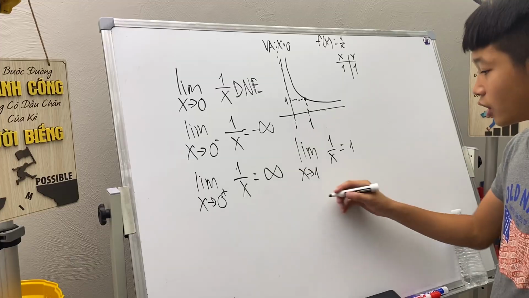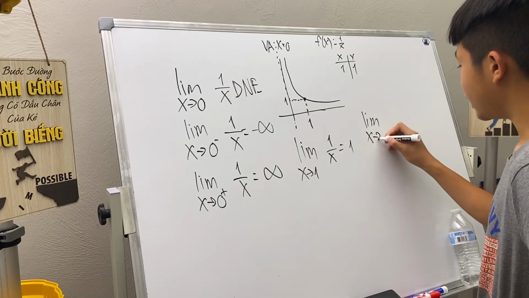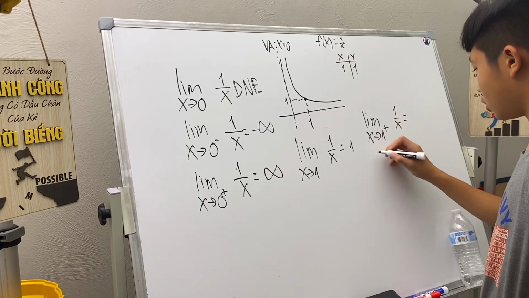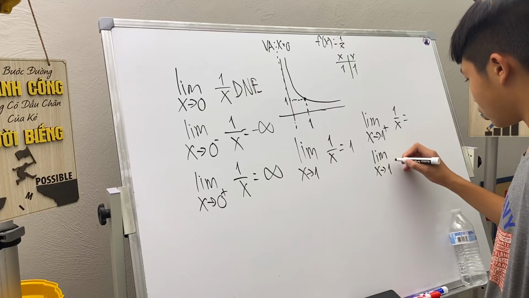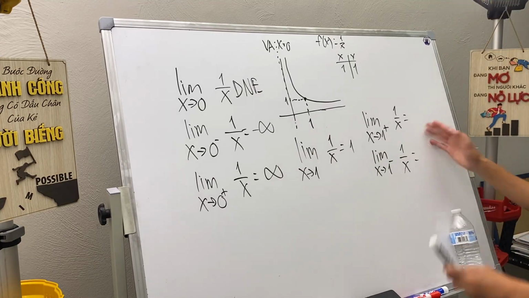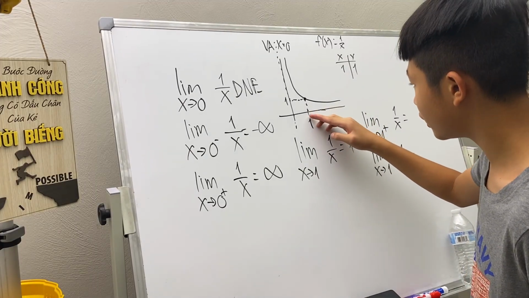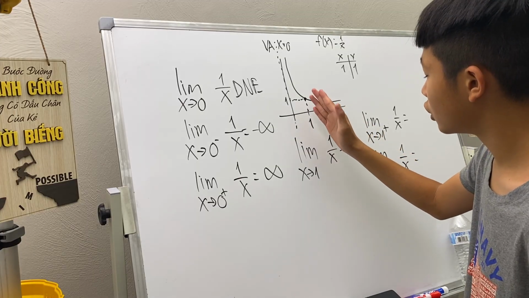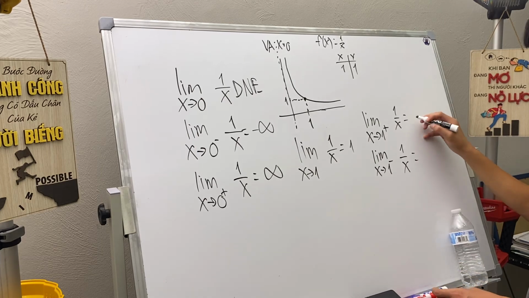Now, to prove that it's actually equal to 1, take from the right side. As you see, the more it goes to the right side, it goes closer to 1. So this is approaching 1.